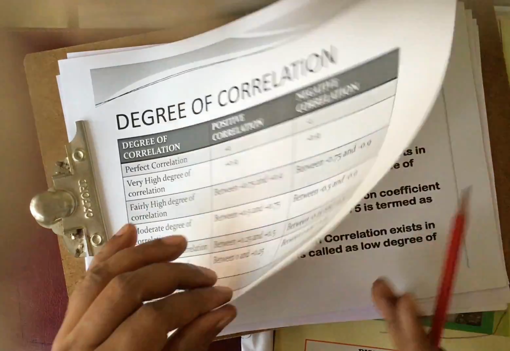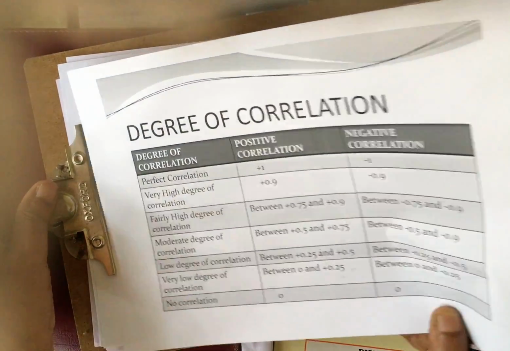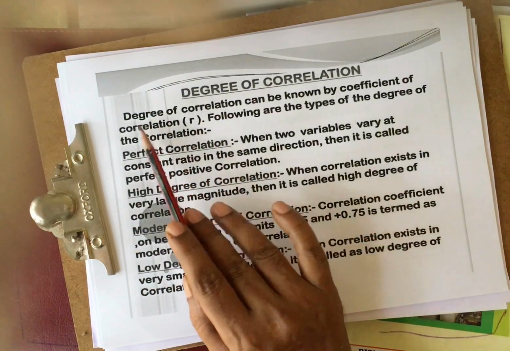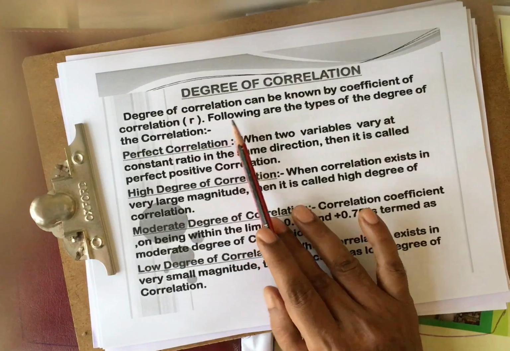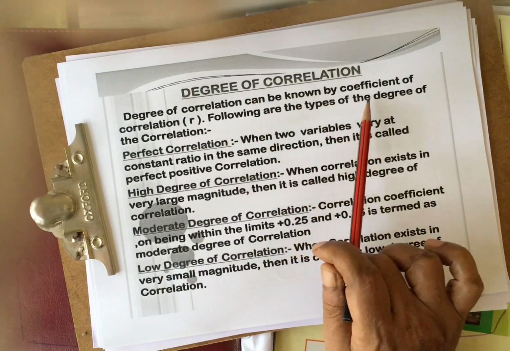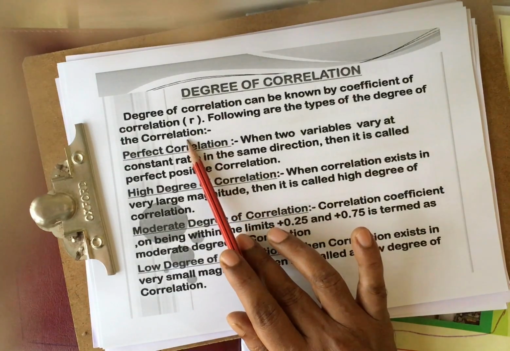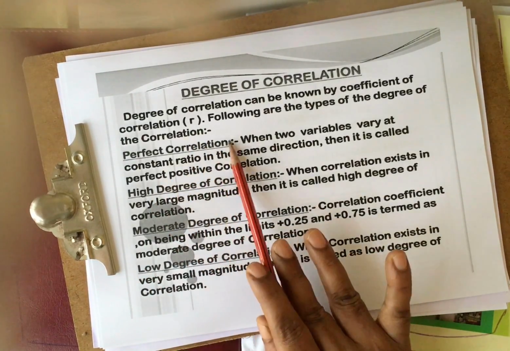Now the same thing, in detail, instead of a table we are giving in sentence form. Degree of correlation can be known by the coefficient of correlation in the form of R, rho. So following are the types. One is perfect correlation.